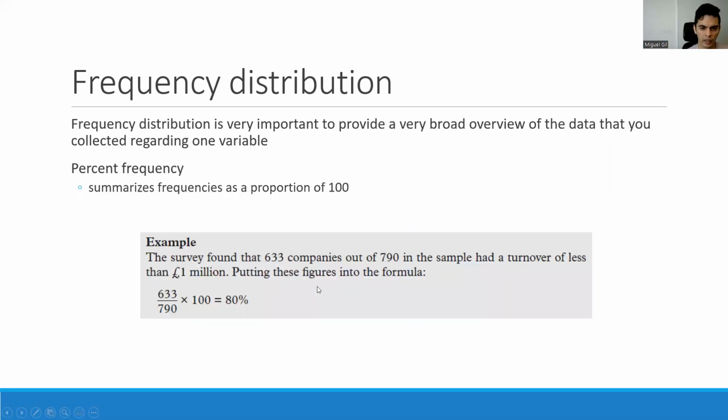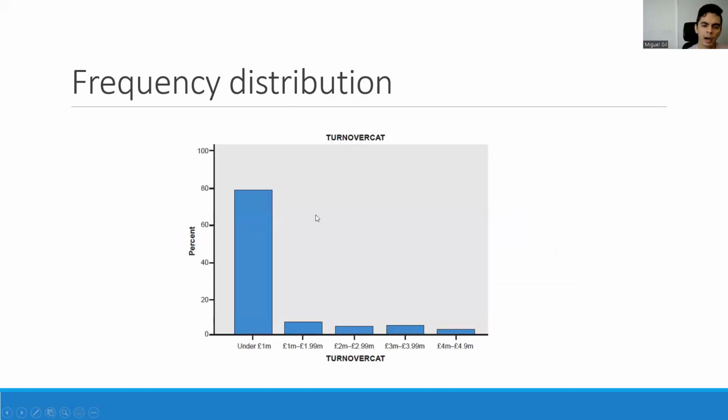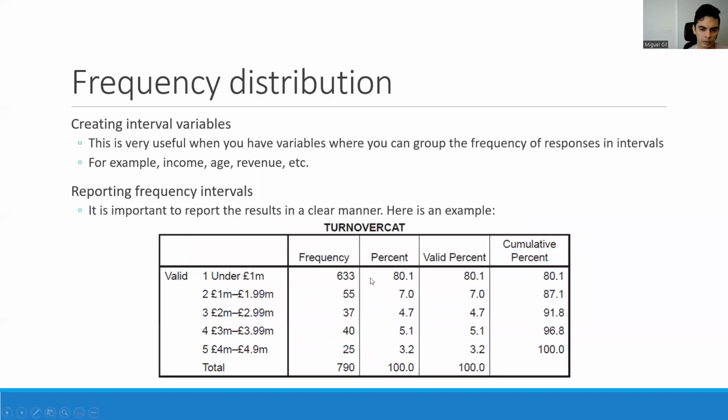Like this is text, this is a table, and then this is a bar chart. A bar chart, when I also have my groups: under 1 million, then between 1 and 2, 2 and 3, 3 and 4, 4 and 5. In the x-axis, I have the groups, and in the y-axis, I have the percentages. So it's the same as this, the percentage.